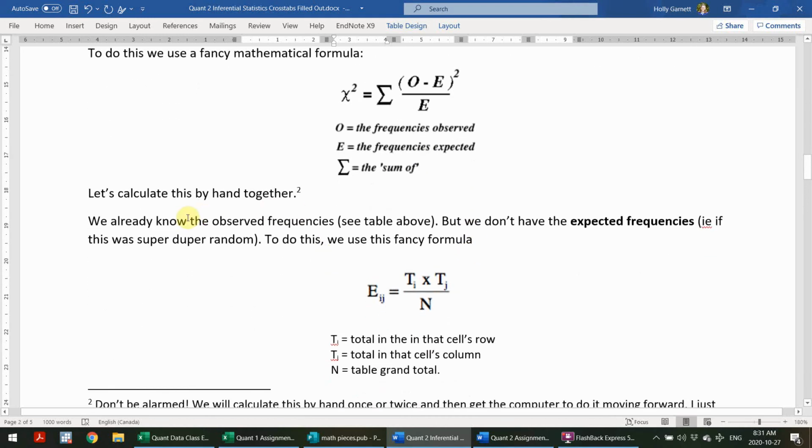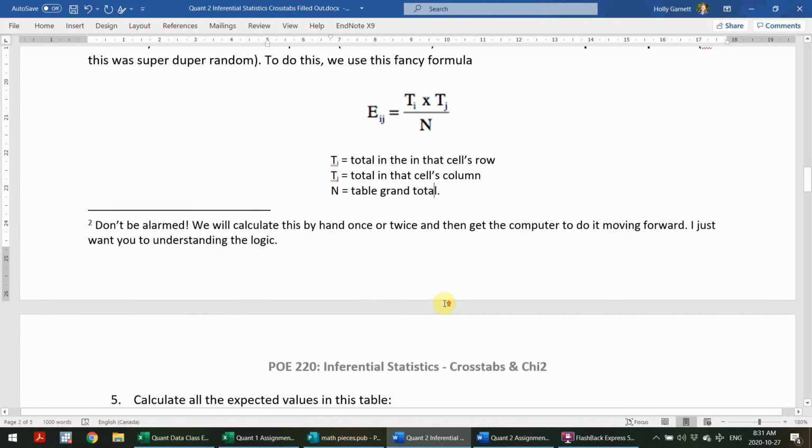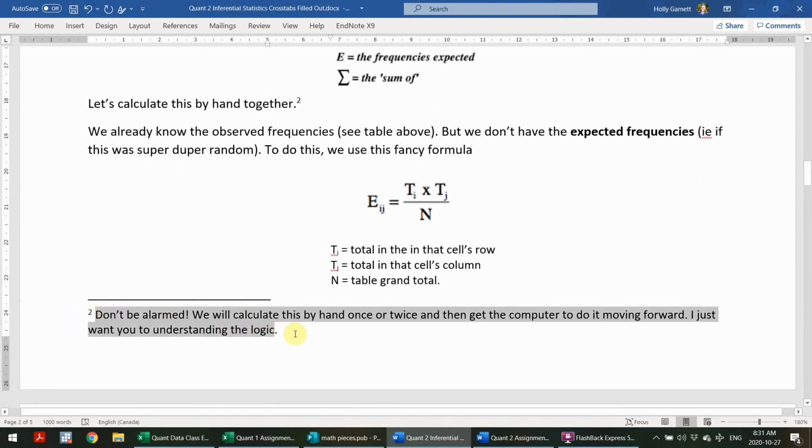As I mentioned, we know the observed frequencies, but we don't have the expected frequencies. To figure out the expected frequencies, we're going to use this fancy little formula here, which involves the total in that cell's row, so it's TI, the total in that cell's column, so it's TJ, and the grand total. Don't be alarmed.